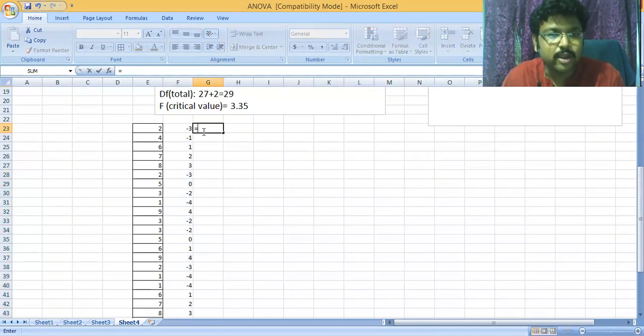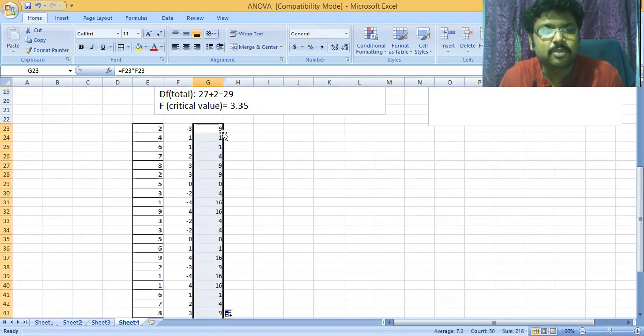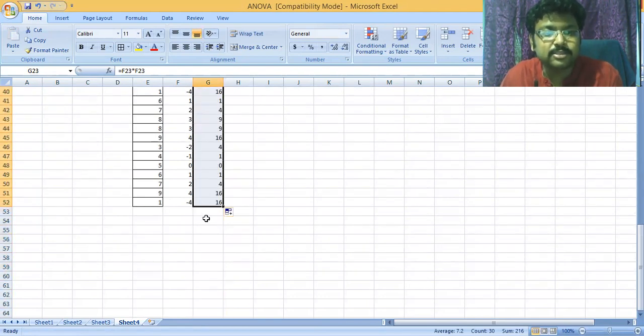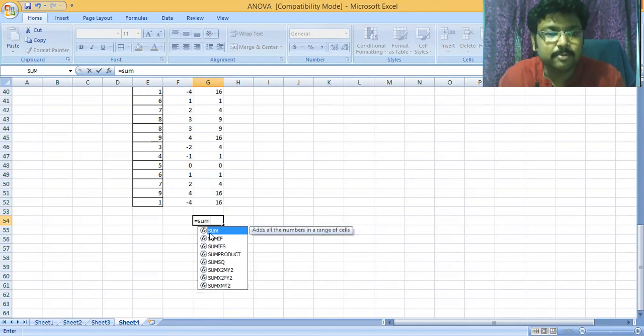Now we have to make a square of it, multiplying this number by itself. This is the square. Now we take the sum of these numbers.